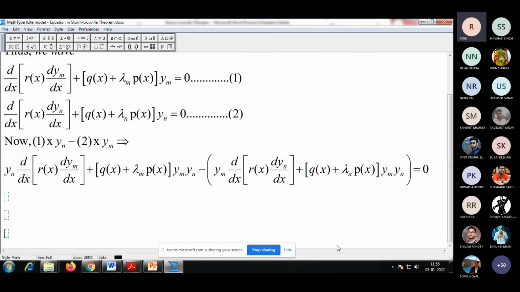Now please simplify this one. What we can do from this term and from this term? I think q(x) ym yn will be cancelled out.